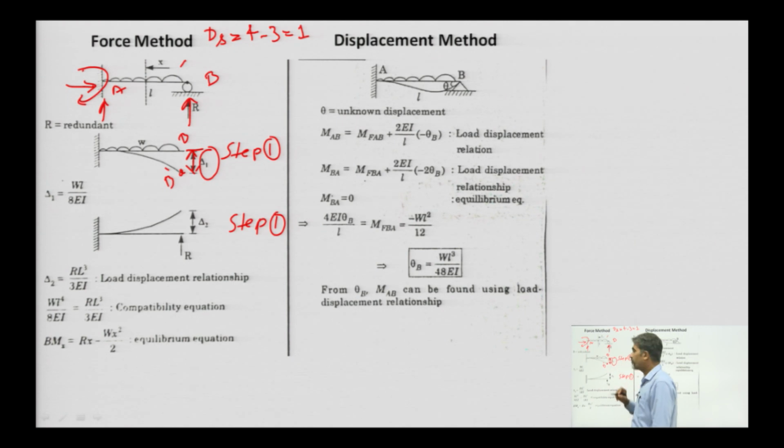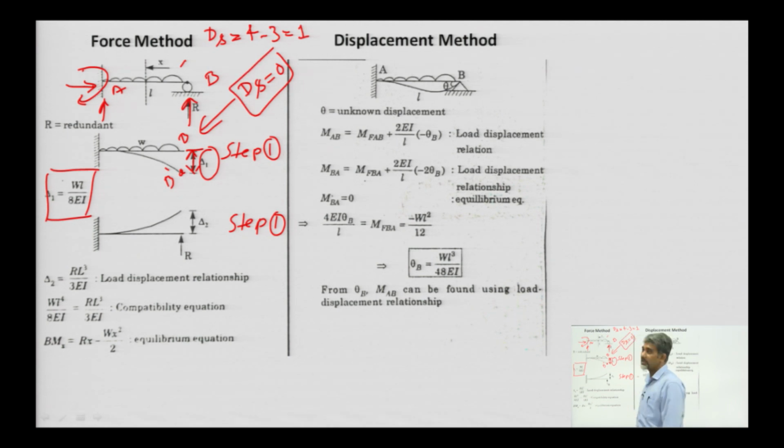So, we have the value of delta 1, with equations in terms of W. Now, this structure is statically determinate. So, in step 1, what are we doing?